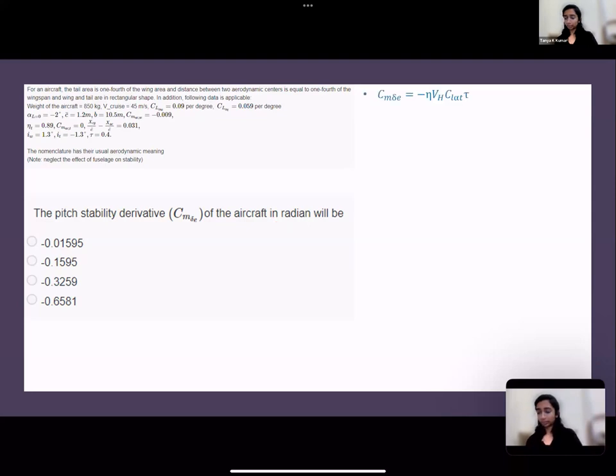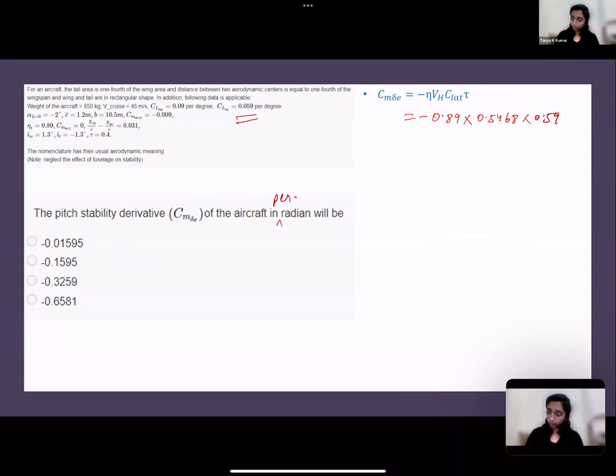Perfect. That is the formula. So you can just plug in the values and tell me the answer. So you have minus eta is 0.89. VH we've found out to be 0.5, in per radians.